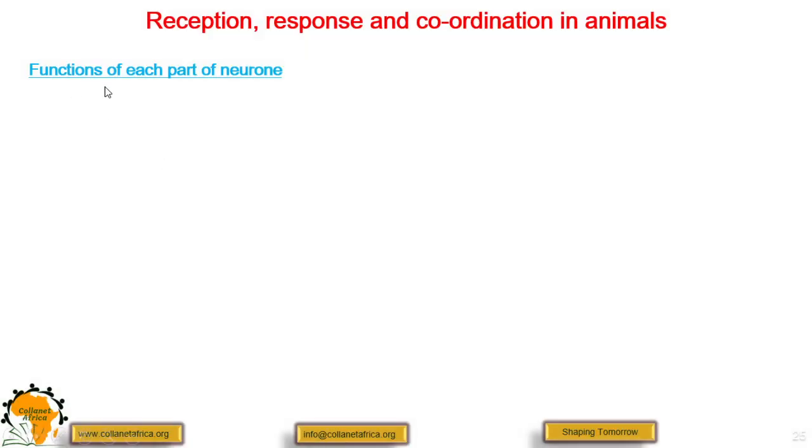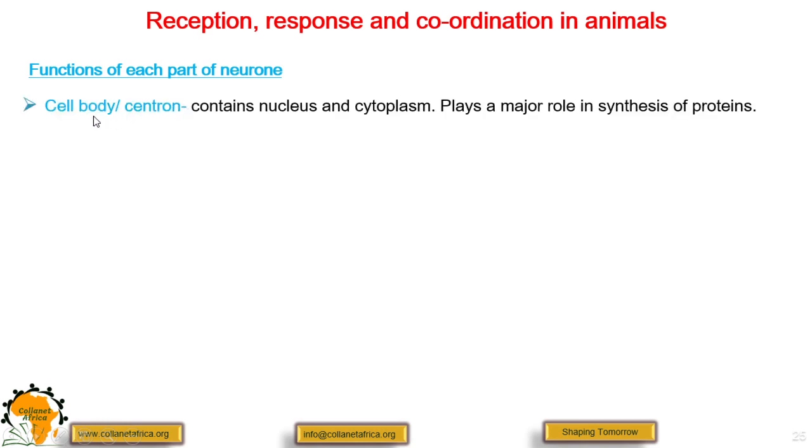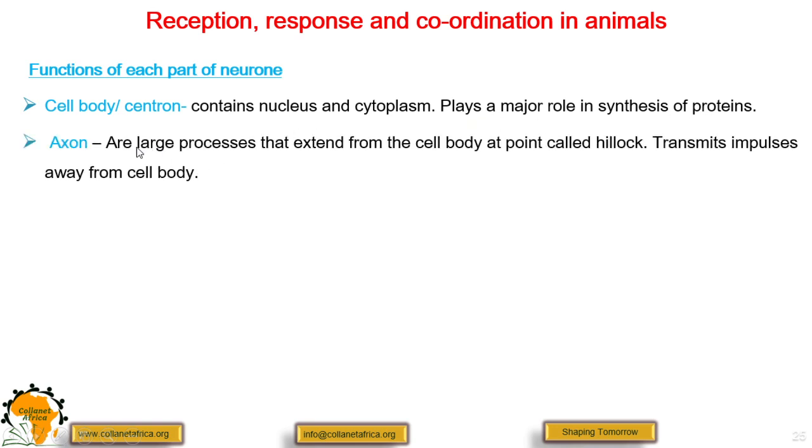Let us now look at the functions of each part of the neuron. First, there is a cell body, which is also called a centron, and it contains a nucleus and a cytoplasm. Its role is manufacture of proteins.